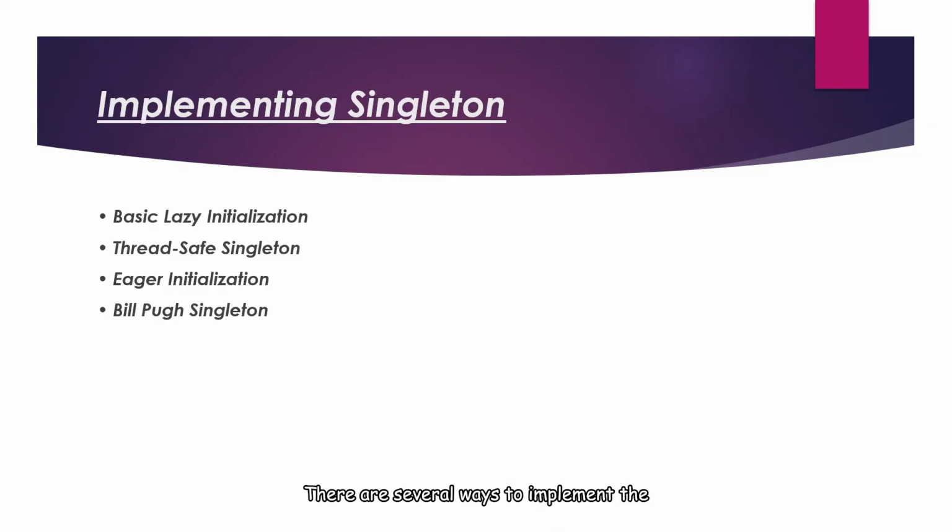There are several ways to implement the singleton pattern, each with its own advantages and trade-offs. Let's go over a few common approaches. Lazy initialization. In this approach, the instance of the singleton class is created only when it's needed for the first time. This is efficient in terms of memory usage. Thread-safe singleton. When working with multi-threaded applications, ensuring that only one instance is created is crucial.